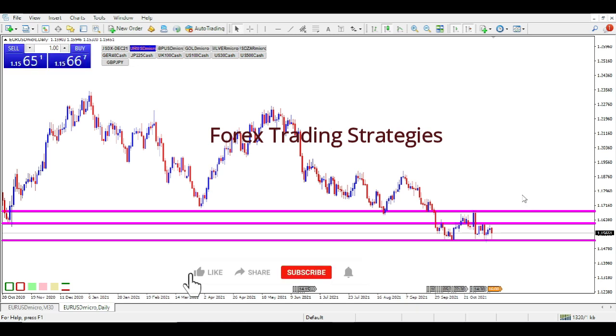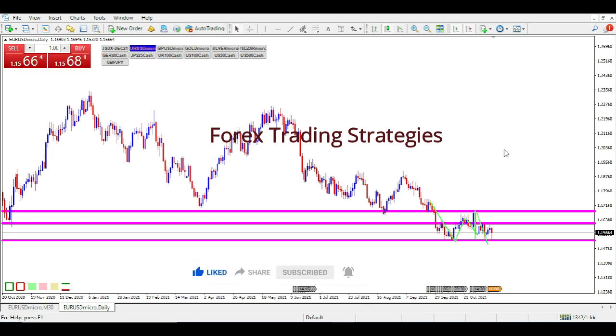Okay, so you see what we have here. We have our euro USD doing that. That's what our euro USD has been doing basically. I'm just trying to give you a picture of what it has been doing.